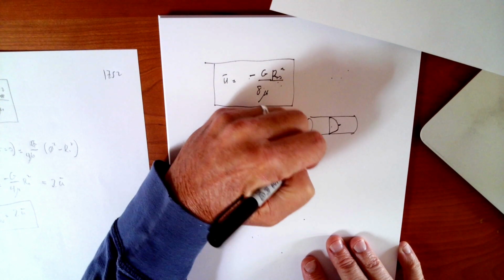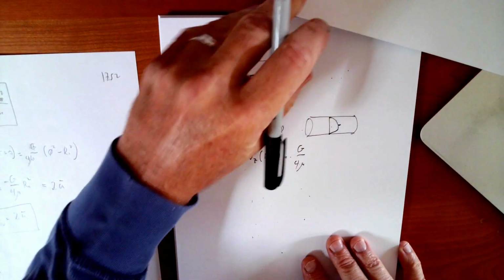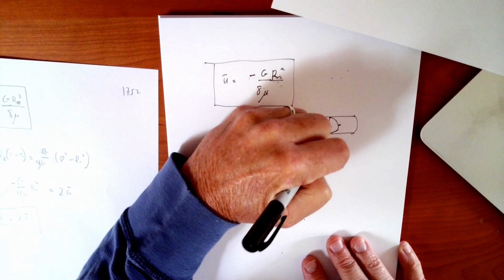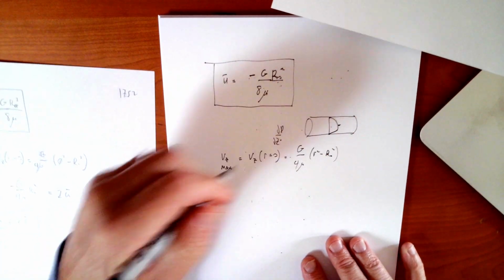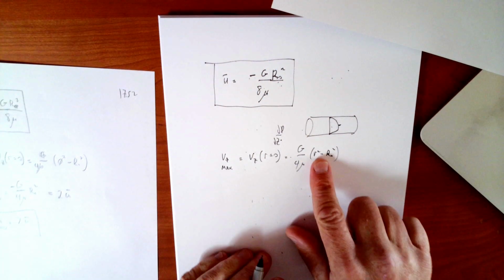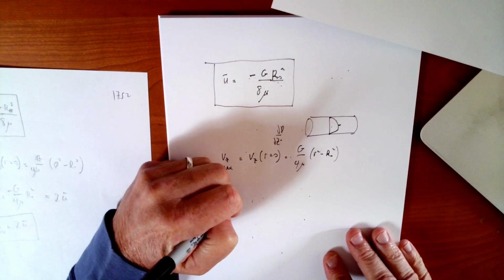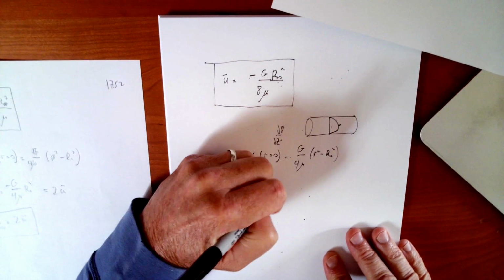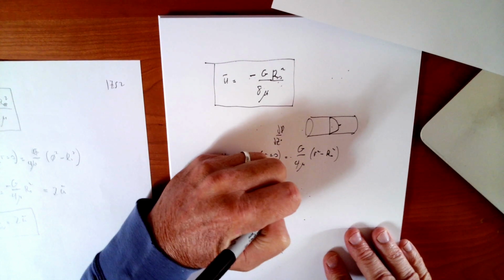So that's going to be g over 4 mu times, our expression was r squared minus r naught squared, evaluated at r equals 0. So I put in 0 for r squared. So I get that Vmax in the z is equal to g over 4 mu times negative r naught squared.